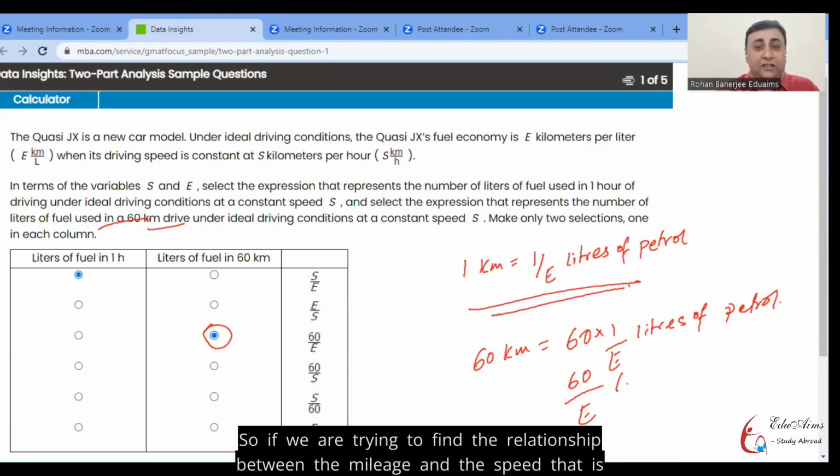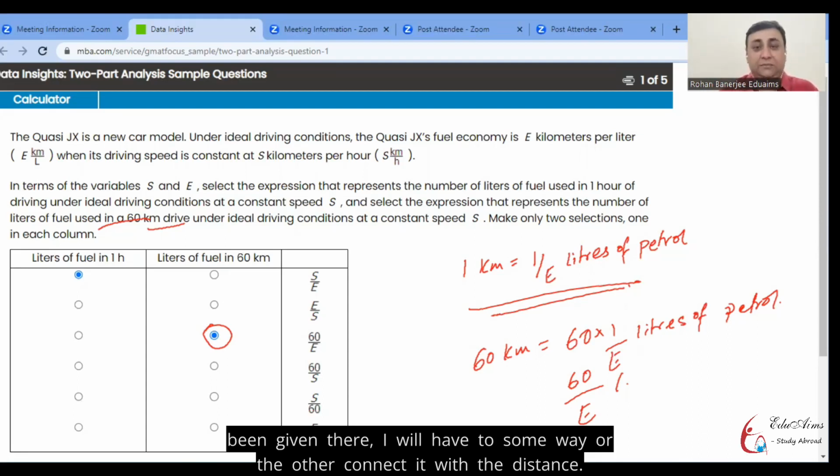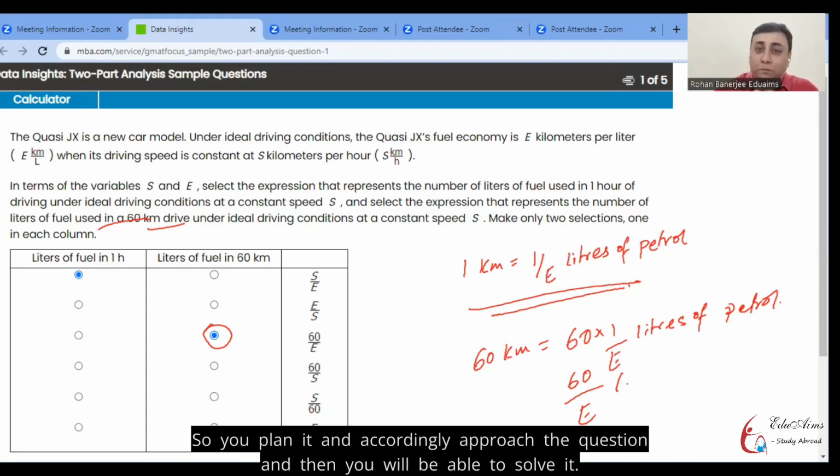So if we are trying to find the relationship between the mileage and the speed that has been given, I'll have to somehow connect it with the distance. So you plan it and accordingly approach the question, and then you will be able to solve it. Thank you.